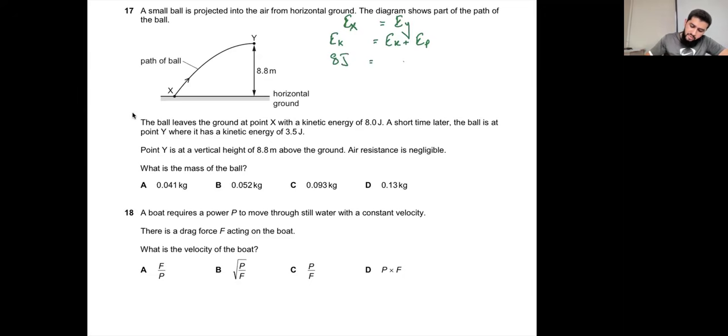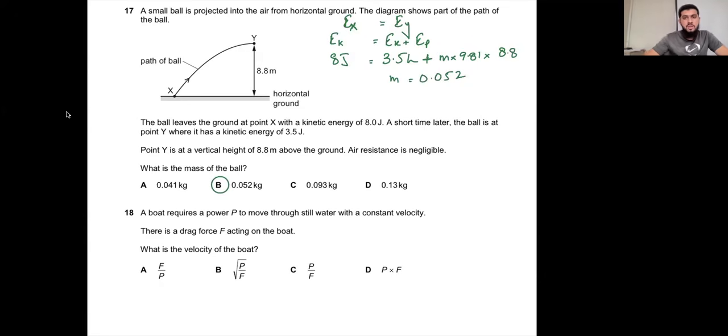Kinetic energy at Y is 3.5 joules. Potential energy at Y is mgh, m into 9.81 into the height, which is 8.8, and that gives me the mass as 0.052 kilograms.